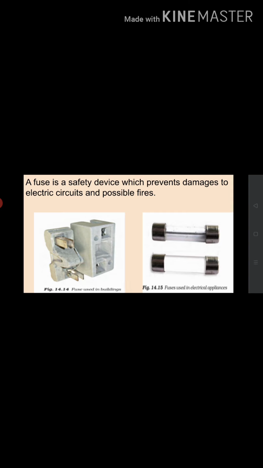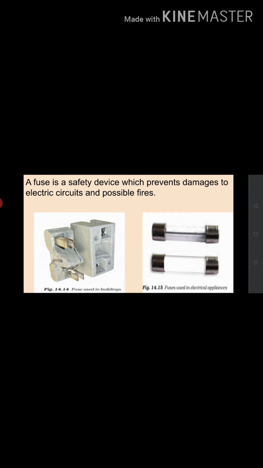Wires made of some special materials melt quickly and break when large currents are passed through them. These wires are used for making electric fuses. So, a fuse is a safety device which prevents damage to electric circuits and possible fires.